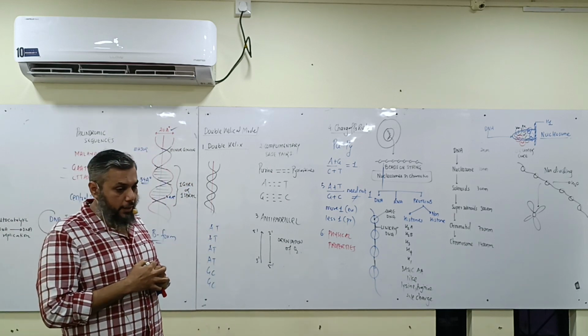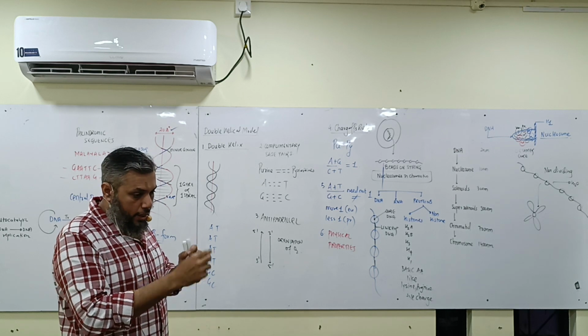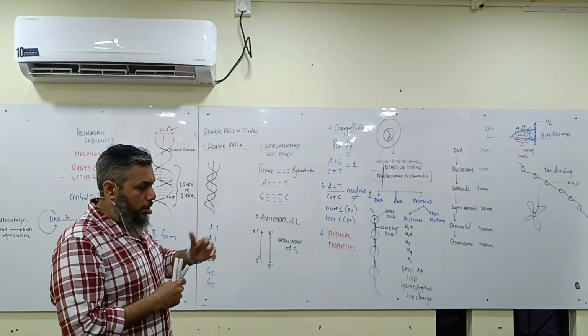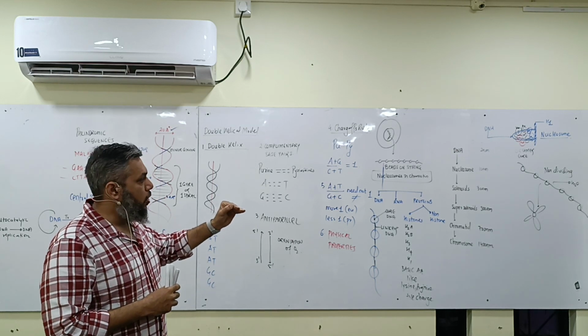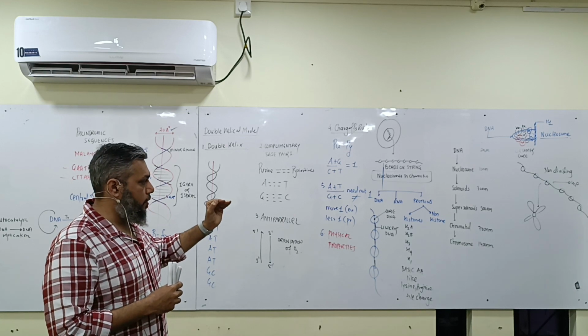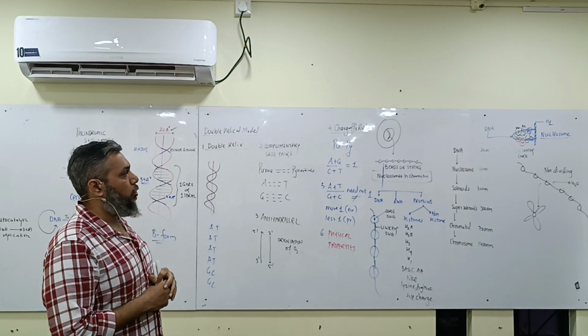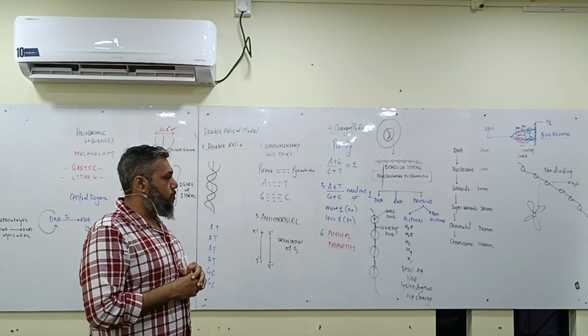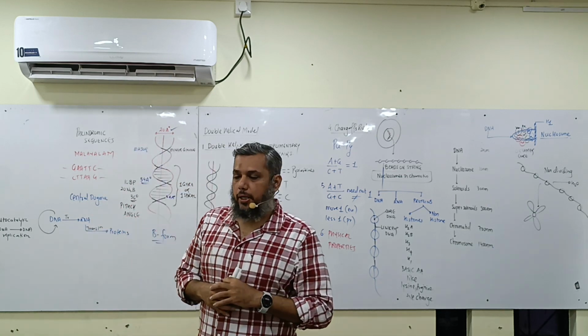So how is the DNA packaged? By undergoing coiling and super coiling. It will form nucleosome, then it will form solenoids, super solenoids, chromatids, and the chromosomes. And how does a chromatin appear?